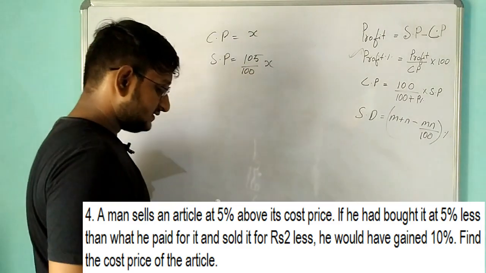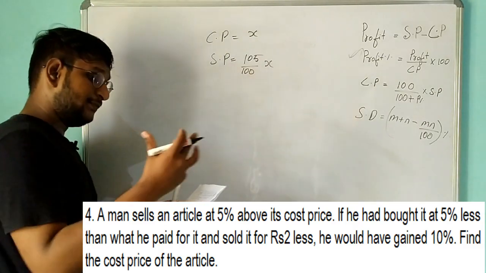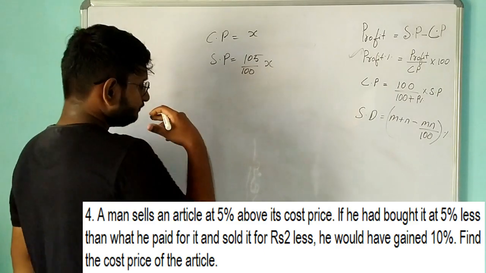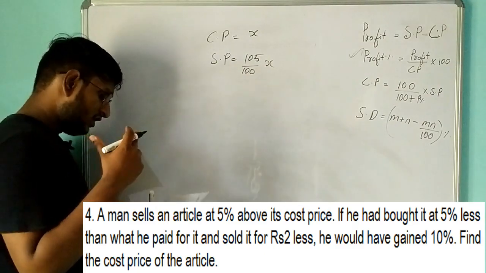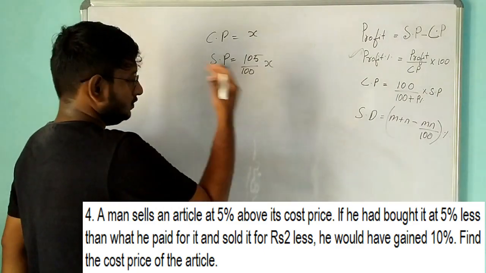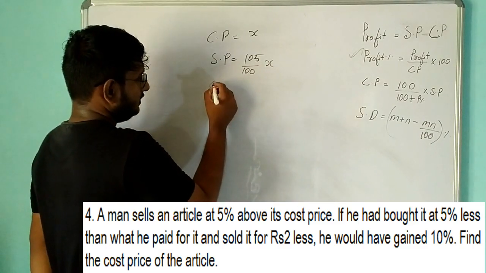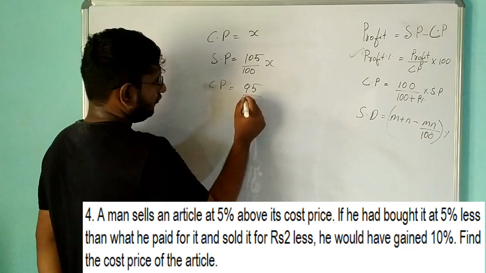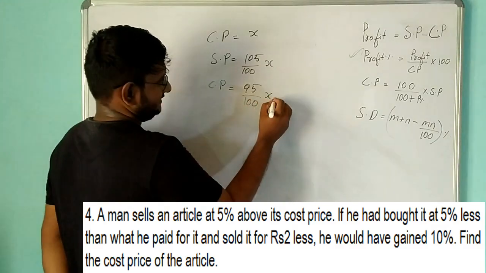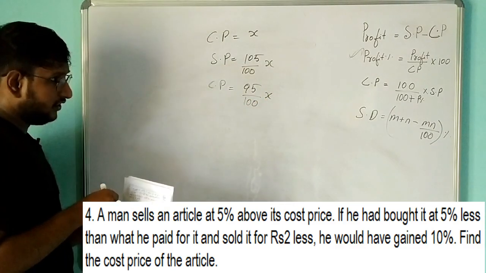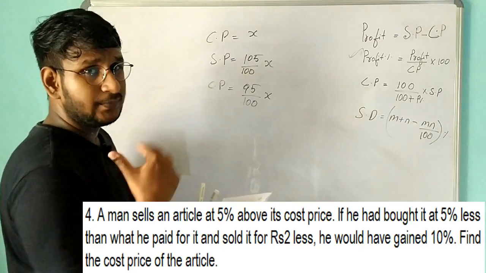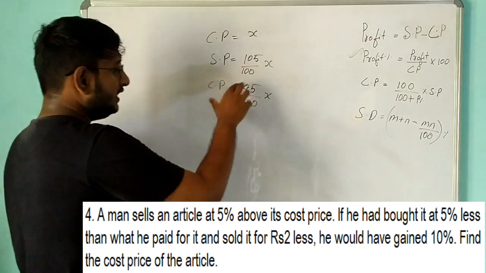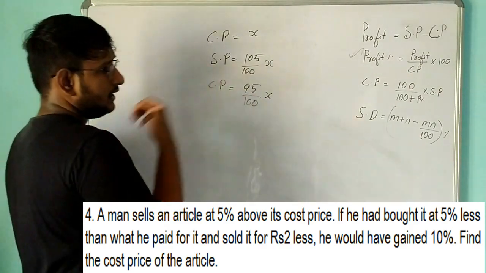Now the second case: if he had bought it at 5% less than what he had paid for it, then the cost price would become 95% of X, that is 95 divided by 100 X.